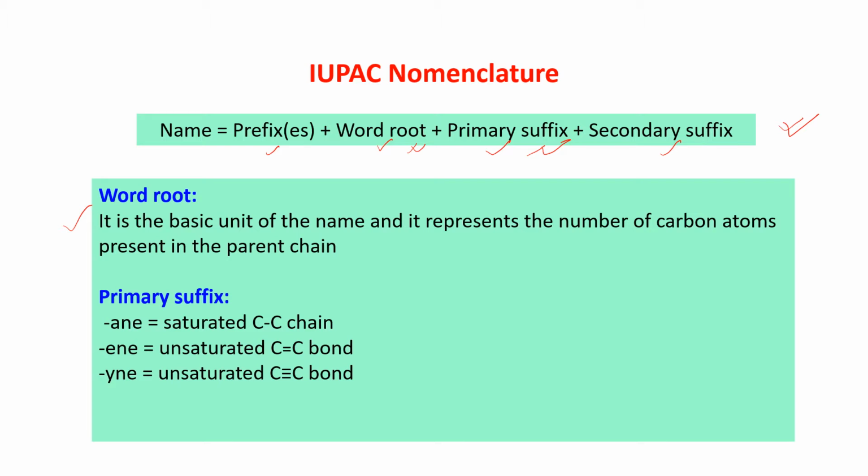And if it is an unsaturated carbon-carbon triple bond, then the primary suffix is yne. Now suppose in a compound it is a 5-membered chain, 5 carbon atoms are present and it's saturated, then the name will be pent for 5 carbon atoms and ane for saturated, so it is pentane. Am I clear?